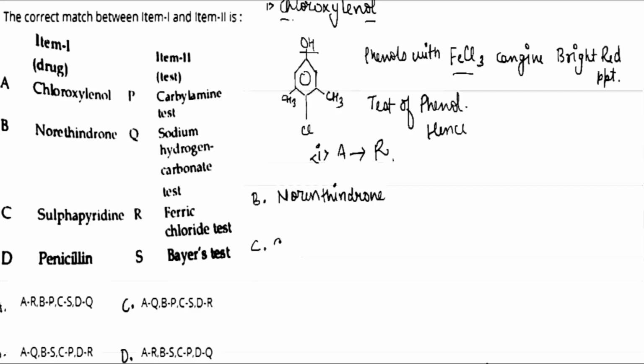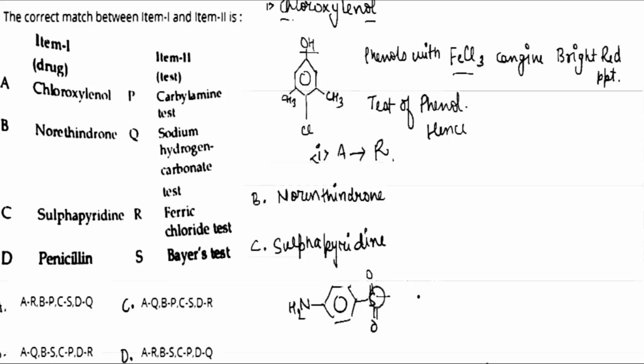Option C is sulfapyridine. The structure of sulfapyridine includes an NH2 group, S double bond O, NH and a benzene ring.